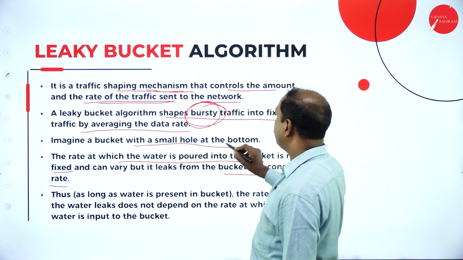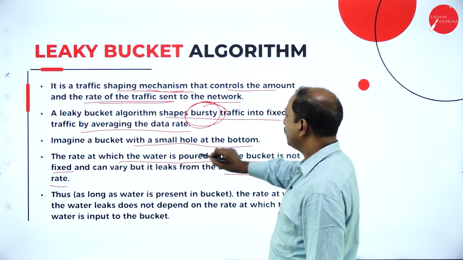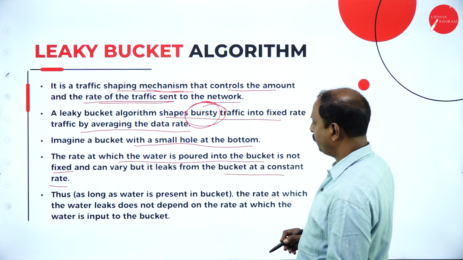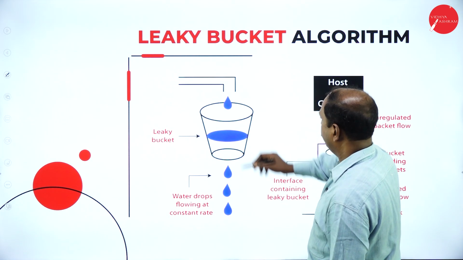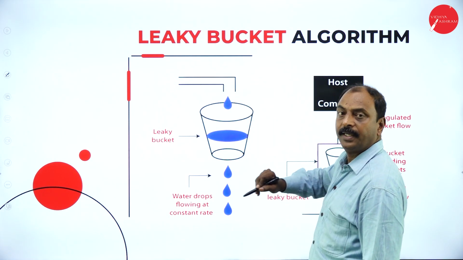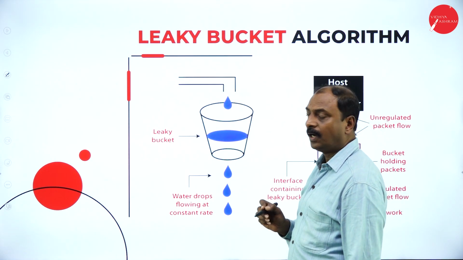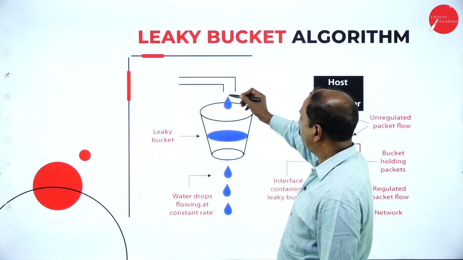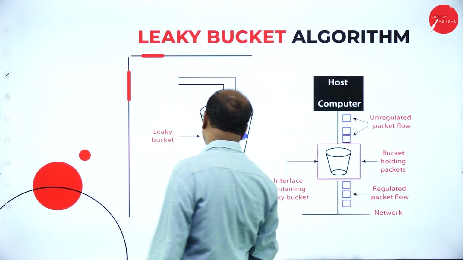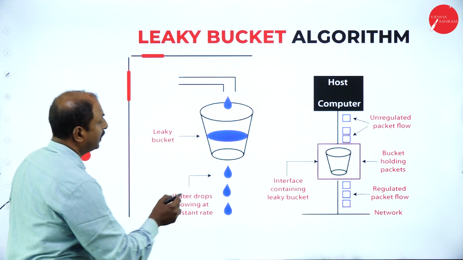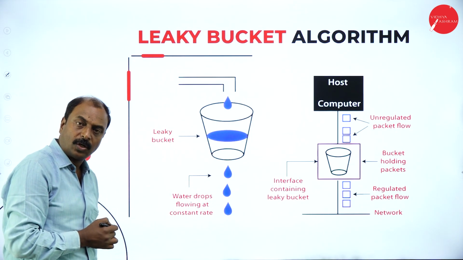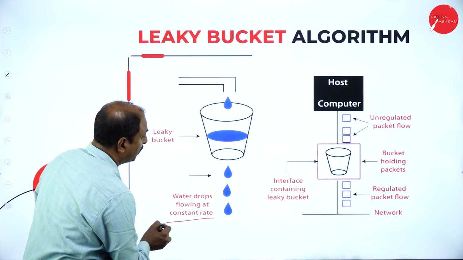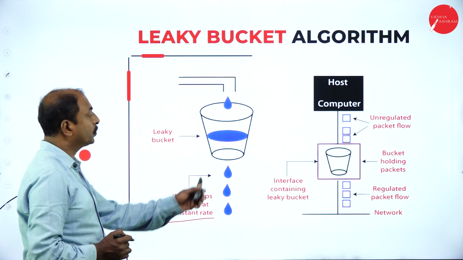In a leaky bucket, the water is poured into the bucket through the top. If you look at the diagram, the water inflow to this bucket is varying in speed, or it may be flowing into the bucket at a different rate or different speed. But the size of the hole is constant here, and the water drops flow at a constant rate out of this bucket through the hole.